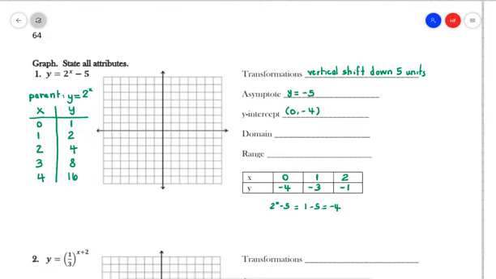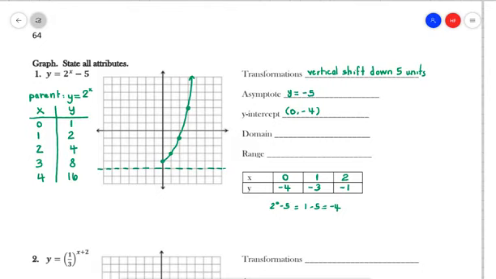So we're going to draw in our asymptote down here, negative 5. Then we've got 0, negative 4, 1, negative 3, 2, negative 1. And we could go further. 3 would be at 8, but we're going to move 5 units down, so 3 is now going to be positive 3. So we're taking these points, connecting them. But this is not a square root function.